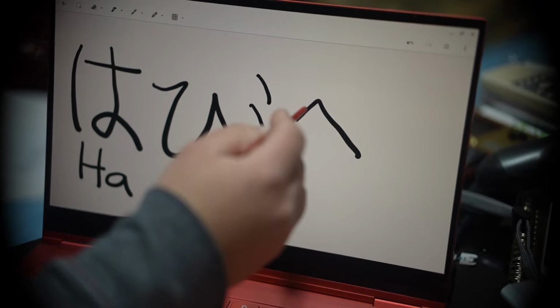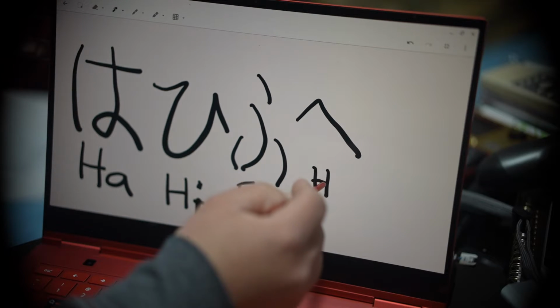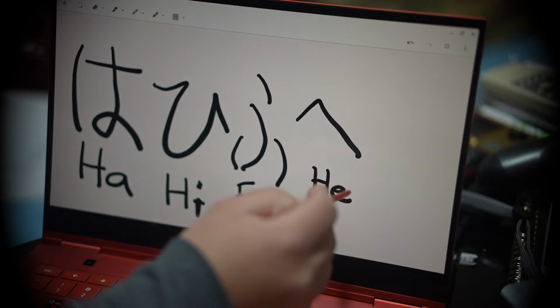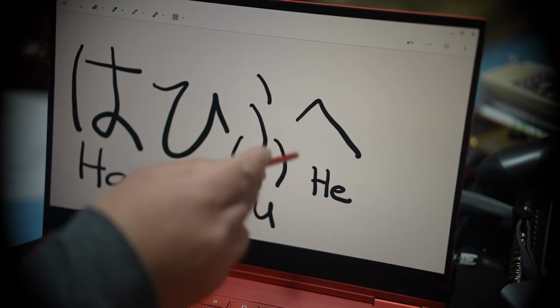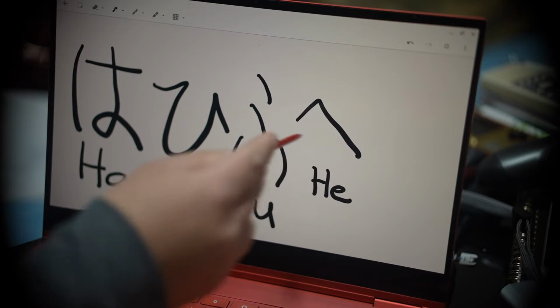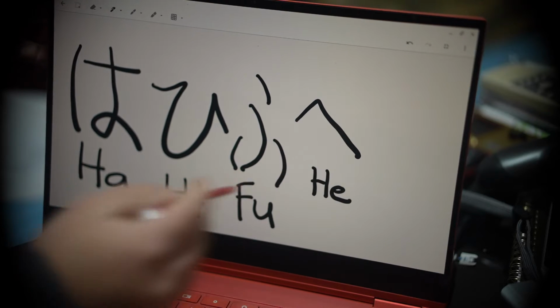And next we have he. And this is another particle. Or correction, hai. My apologies. So, fun one with this. Let's say you're wanting to reply to somebody who says something to you. You go, hai. That's this sound.